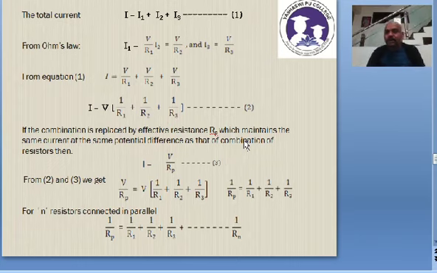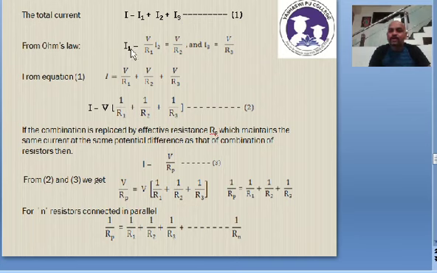Now moving to the next point, deriving the equation for the equivalent resistance in parallel. Now notice that in the parallel combination, what gets divided? Current. So I is equal to I1 plus I2 plus I3. I is the main current, I1 is the current through R1, I2 is the current through the second resistor R2, I3 is the current through the third resistor of resistance R3.